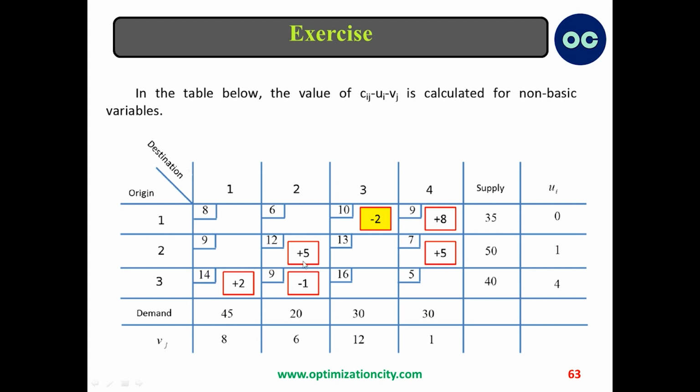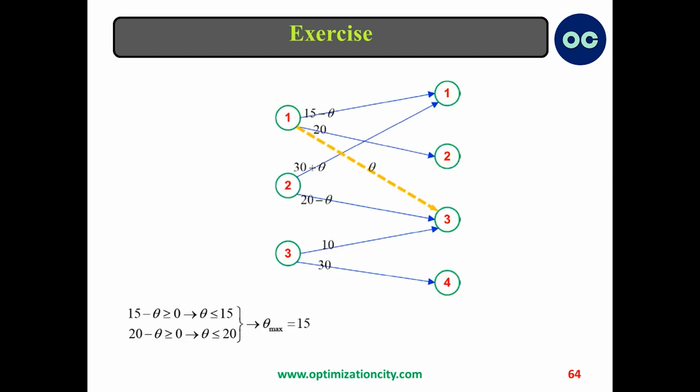So these are the two negative values. We need to seek and improve the solution. To accomplish this, we select x13 as the entering basic variable and we process identifying the outgoing variable as follows.